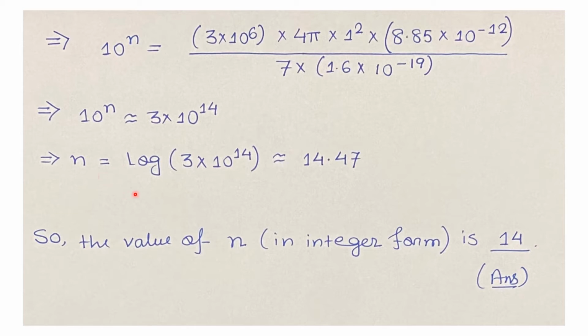So n equals to log of 3 times 10 to the power 14. This will give approximately 14.47. So the value of n in the integer form is 14. Although the value must lie in between 14 to 15. If you get the answer 14 or 15, that is also correct.